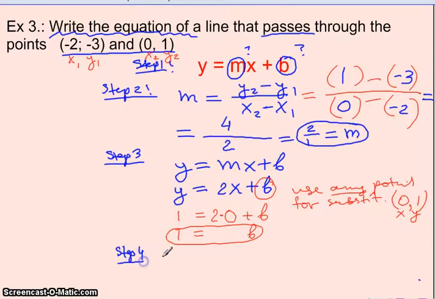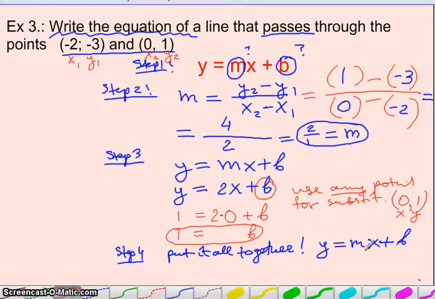Step 4. Put it all together. Well, your formula is y equals mx plus b.